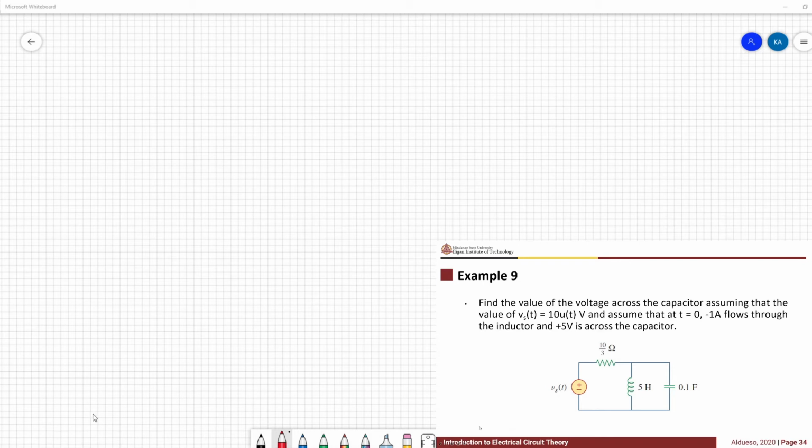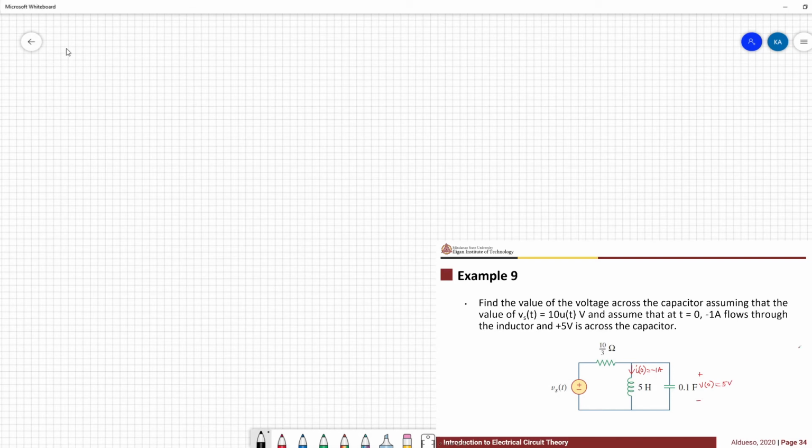So assuming this is the direction of IL, we have IL of 0 equal to negative 1, and then V of 0 equal to 5 volts.